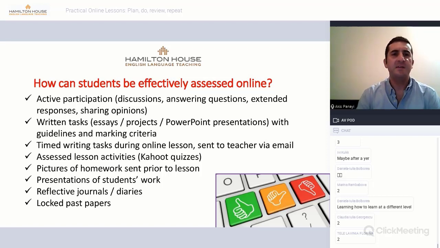First of all, there is active participation, discussions, answering questions, extended responses, sharing opinions, and so on and so forth. To give them a purpose for the online lessons, you can tell them that their active participation will be assessed, and give them an extra reason to be there and follow the lesson and be active in the lesson, because they will be assessed.